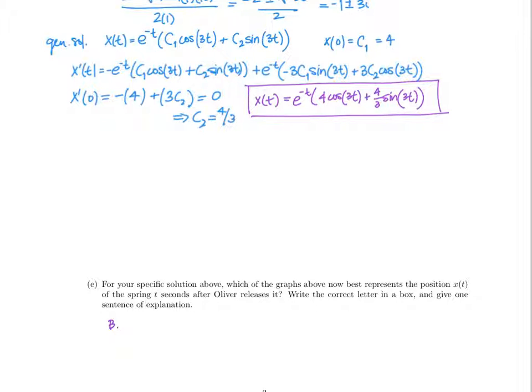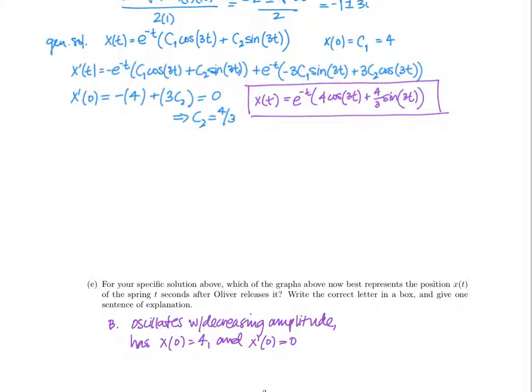Not only does it oscillate, it oscillates with decreasing amplitude. It has an initial function value, x of 0 equals 4, and x prime of 0 equals 0. And that's it.